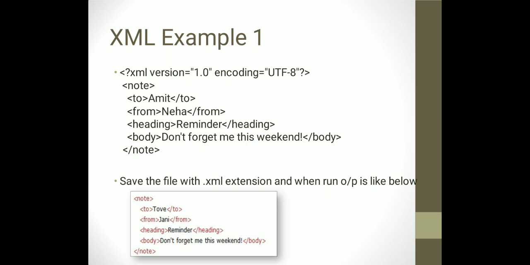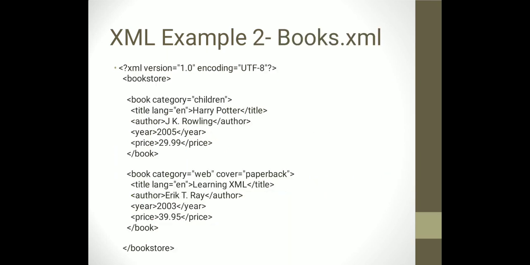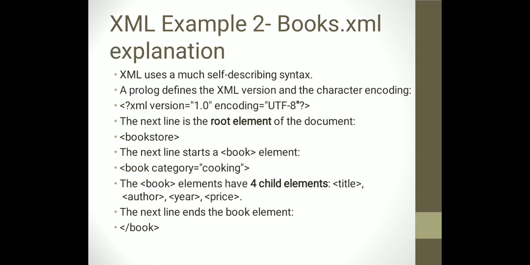So how that file should be written and saved as the XML first file. And second, the books example we have seen, where books are defined in the script according to category.